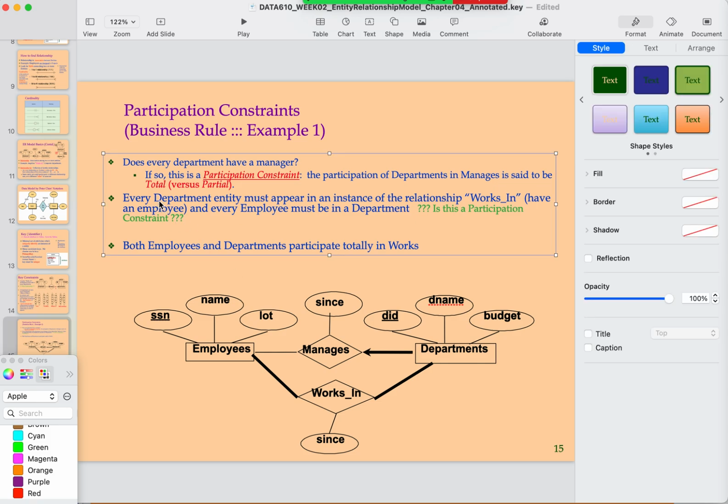So for example, every department must appear on an instance of a relationship. That is, employee would work in this particular department. So if every department must have an employee that works in it, we could think, if this is a constraint, is this a participation constraint?